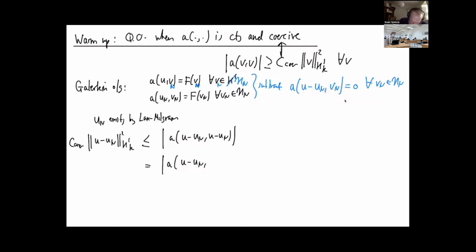So I'm going to add the element Uh minus Vh. I'm going to change this to U minus Vh, and this is for all Vh in the space Hh. Sorry, I got reading this wrong. This is since Uh minus Vh is in Hh.